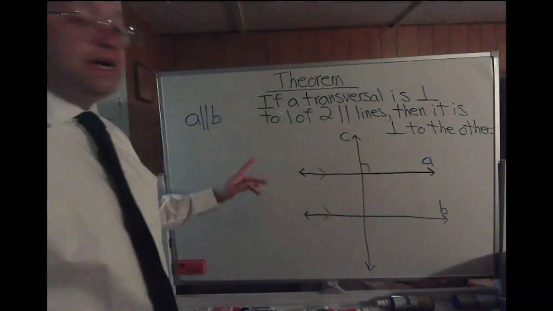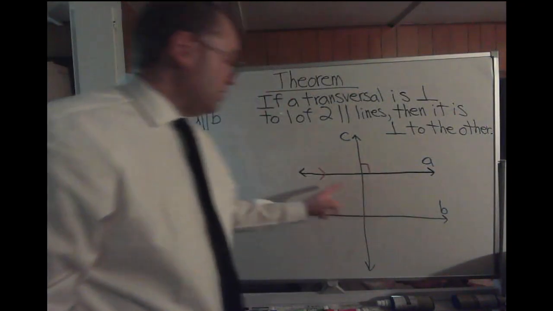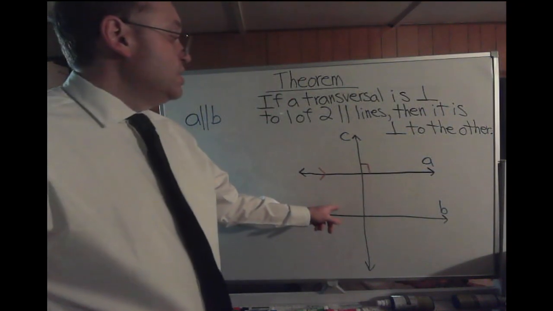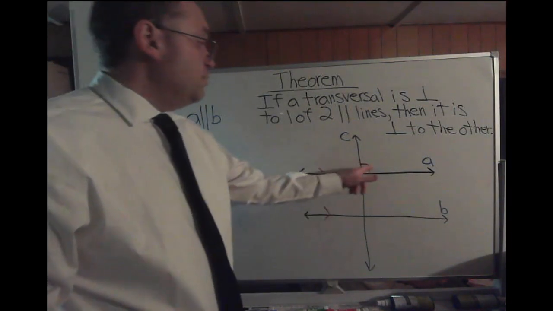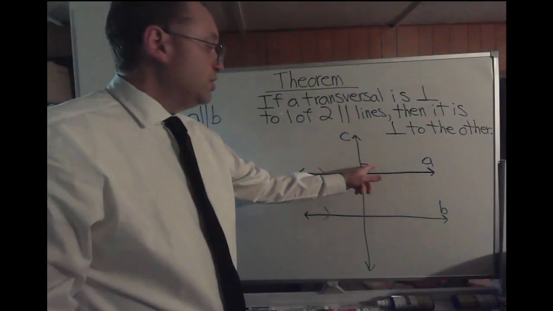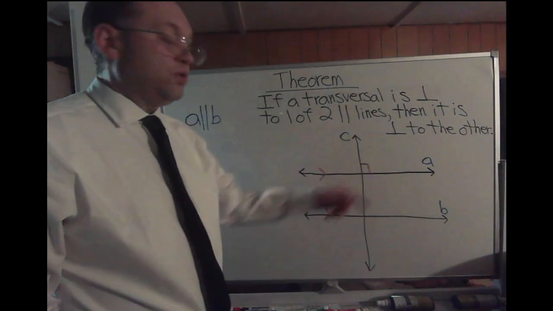So here in the diagram, we have lines A and B. They run parallel to each other. Then we have the transversal line C that cuts through both of them. And we can see here by the right angle marker, that usually denotes perpendicular. That's how you'll tell that little corner.